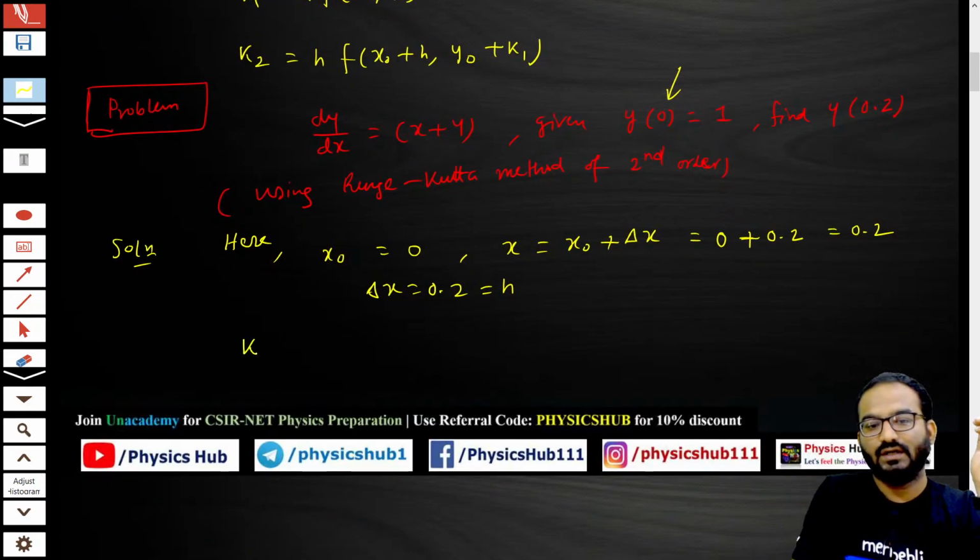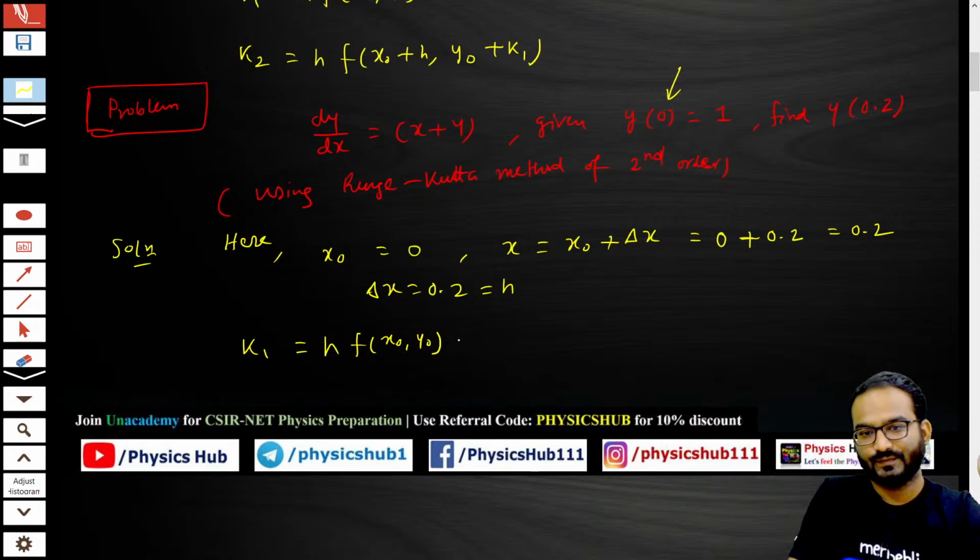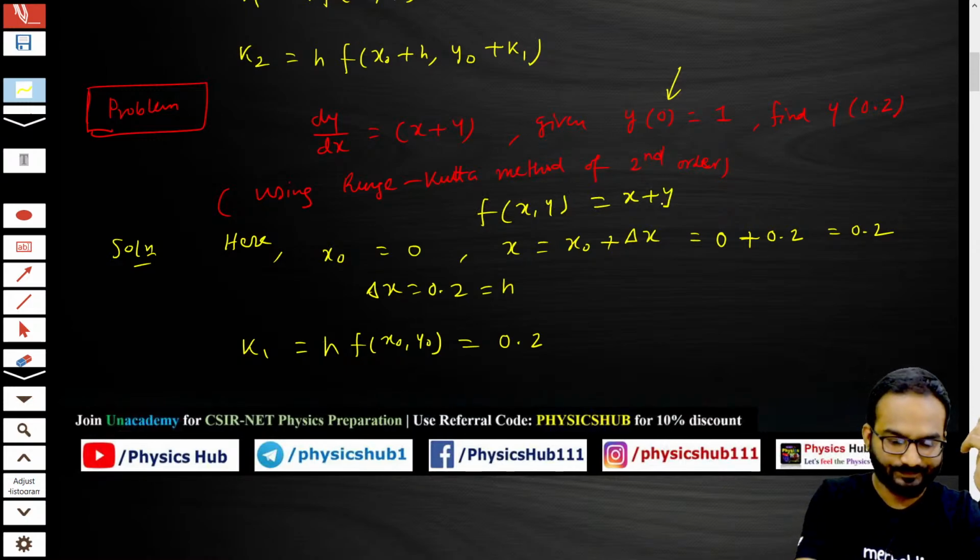So your first goal is to calculate k1. The value of k1 is h into f of x naught, y naught. h is 0.2, and f of x, y is equal to x plus y, right?